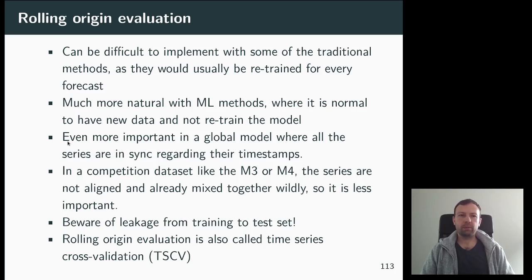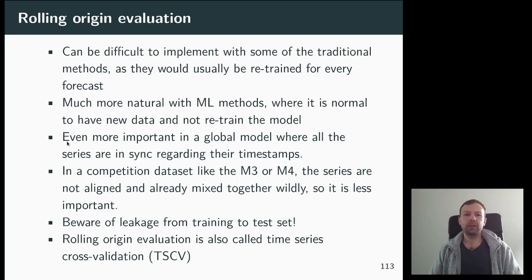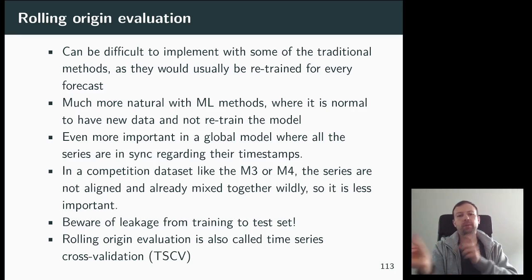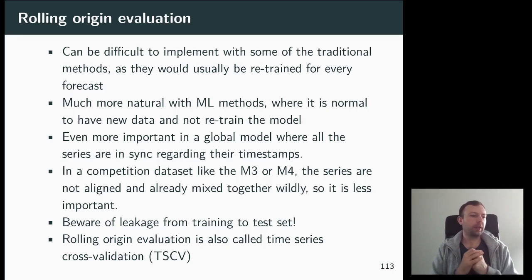And rolling origin becomes even more important in global modeling, where all the series are in sync with their timestamps. Because of what I just said about Christmas, summer holidays, and so on. On a data set like the M4, where all the data comes from different origins and different sources, obviously some series would be just before Christmas, others not.